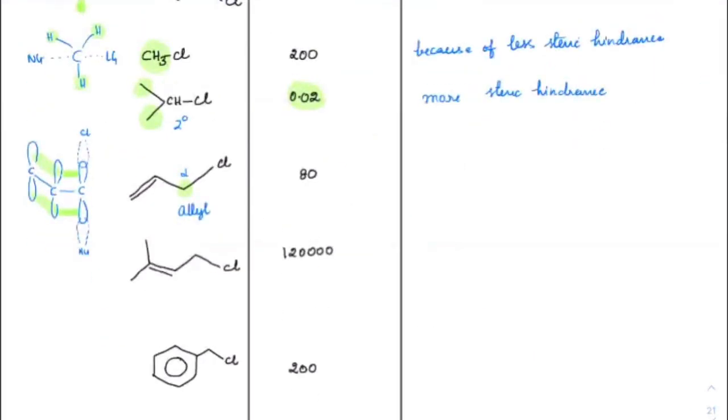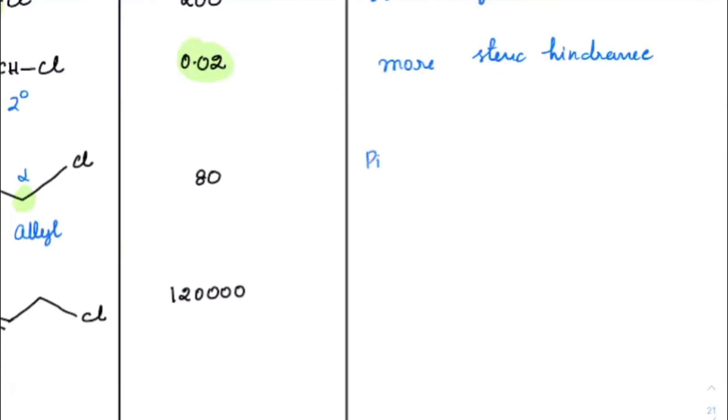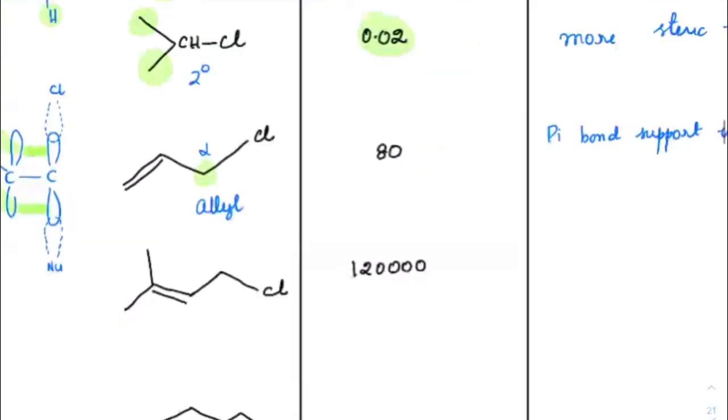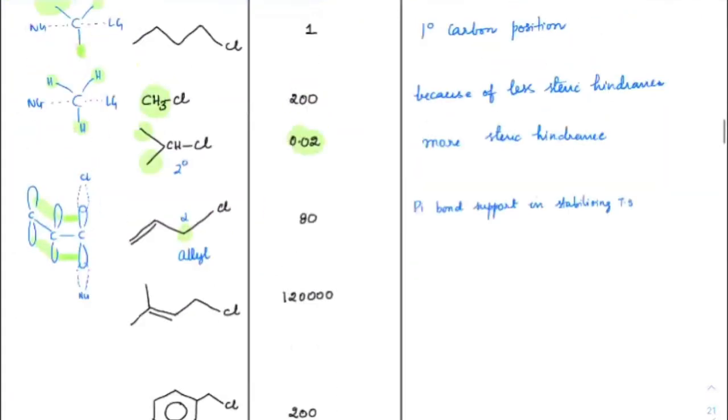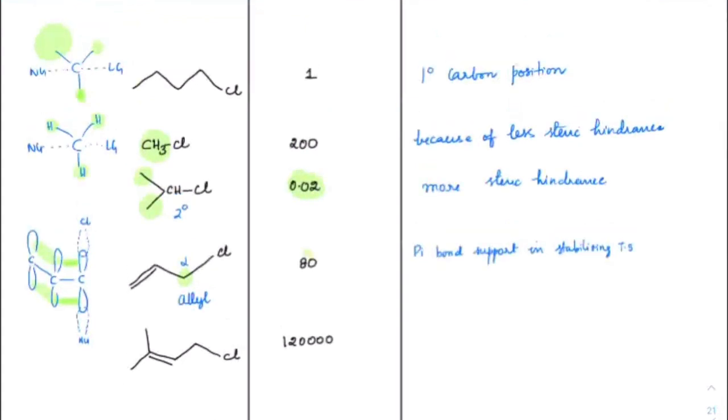Thereby you can say, let me write the reason: pi bond support in stabilizing transition state. Because of that, you can see the rate has increased.